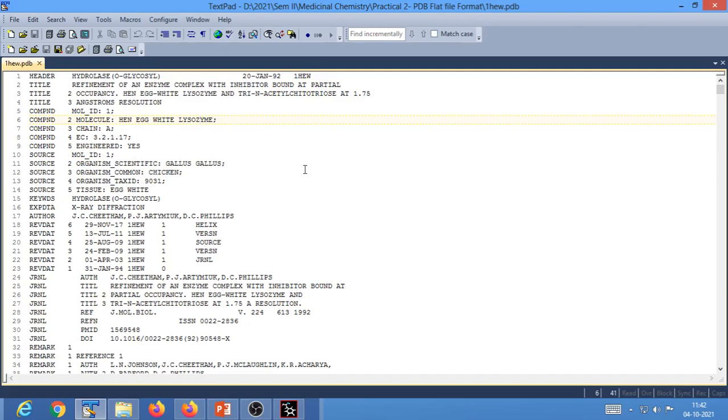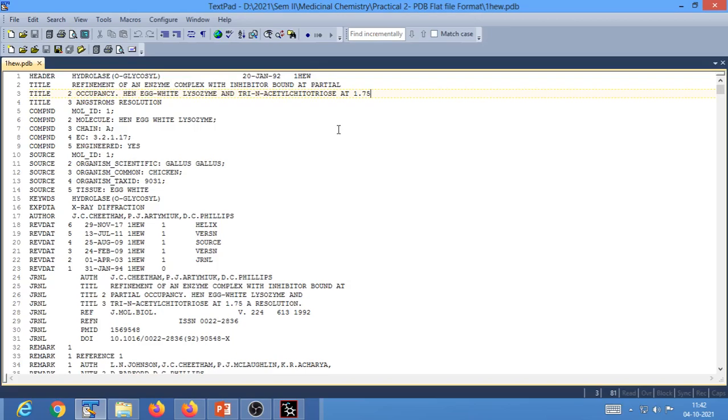This enzyme is said to be crystallized in combination with its inhibitor called triNAG, that corresponds to tri-N-acetylchitotriose, at 1.75 angstrom resolution. So this is the model that we are going to use for our subsequent practicals.